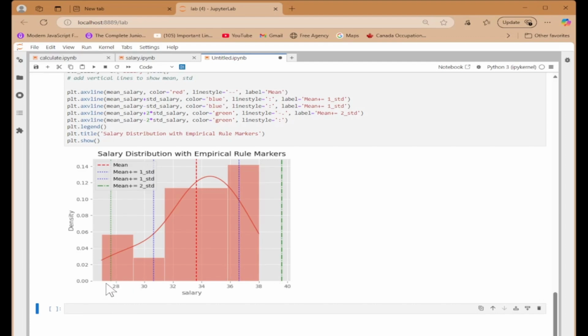There is only a small portion, like the 27,000 salary, 1 observation that is below that, which is captured by 99.7%. From this, you can see that the shape of the data distribution is normal. In practical life, normality is assumed, especially when the sample size is greater than or equal to 30.